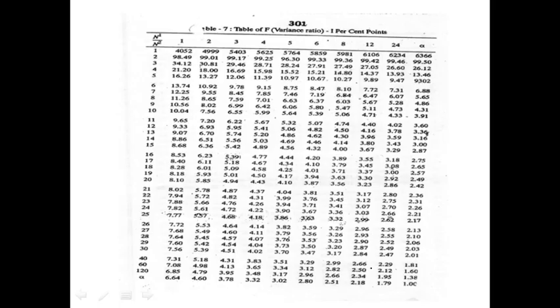This is the table where, for columns and rows, your calculated values can be compared with the tabular value, and these values can be further used for the conclusion or inference of your result.